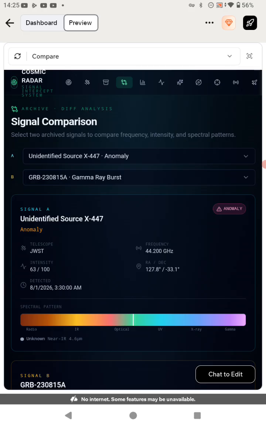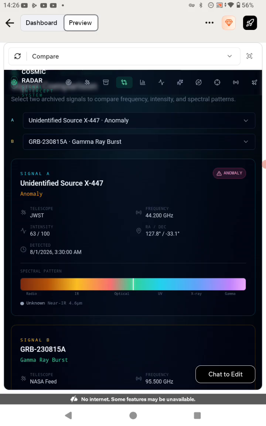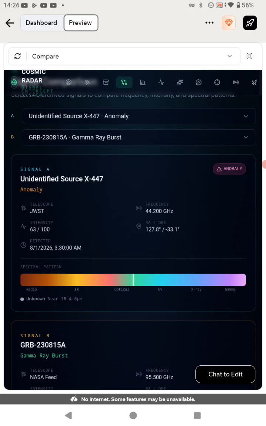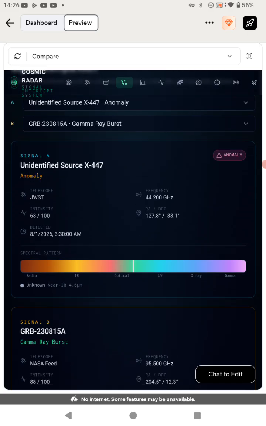Now, I'm not sure what this... Oh. Okay, I guess this was taken on the 8th of the 1st, 2026 at 3:30 a.m. Now, I'm not 100% sure what these different bars are, but I'll look more into that.